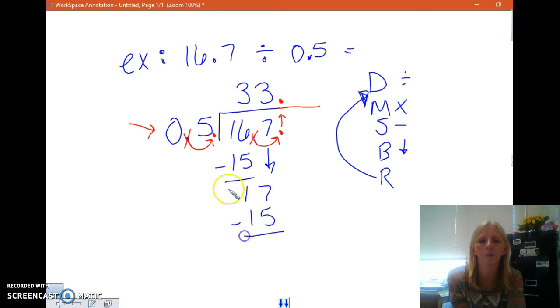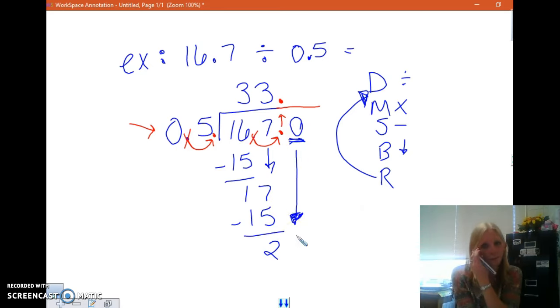We divide, we multiply, and subtract. We don't have anything left to bring down. What can we always add? We can always add that 0, remember. If we have a remainder, we want to put this in decimal form. But if we have a remainder, we need to keep going until there is no more remainder. In order to do that, we just add zeros.